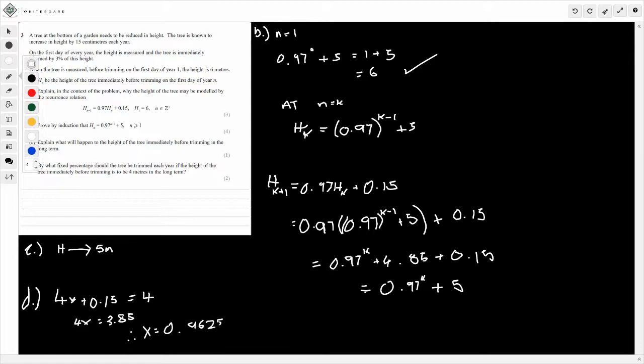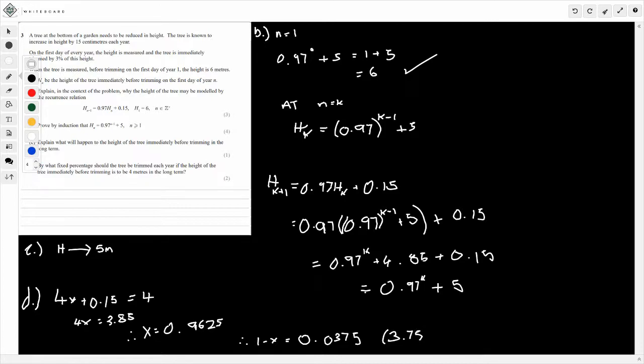But be careful, this isn't my percentage. My actual percentage is going to be 1 minus this. So 1 minus x gives me 0.0375, which is 3.75%.